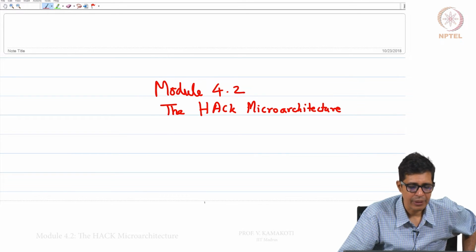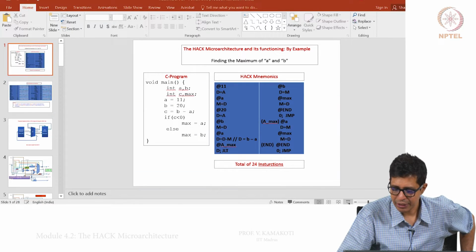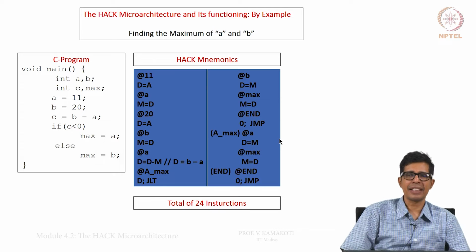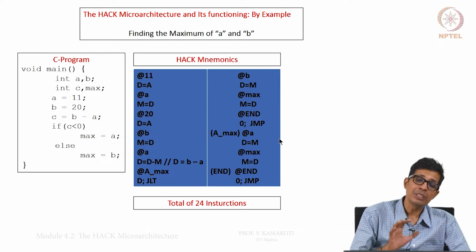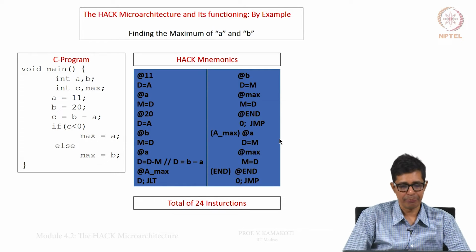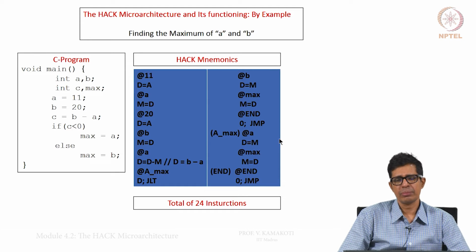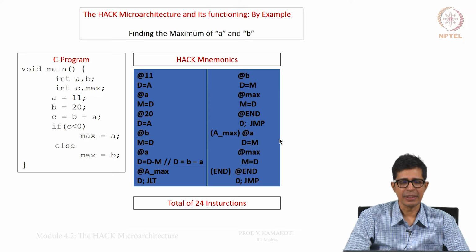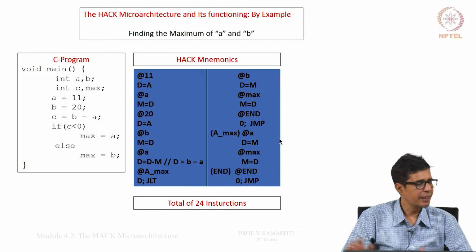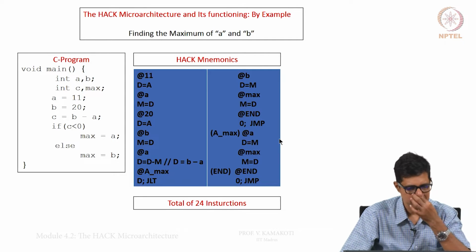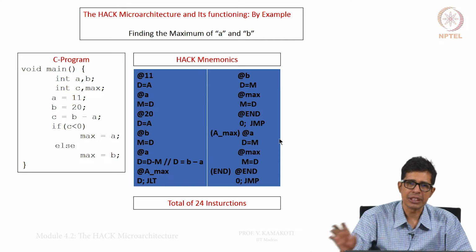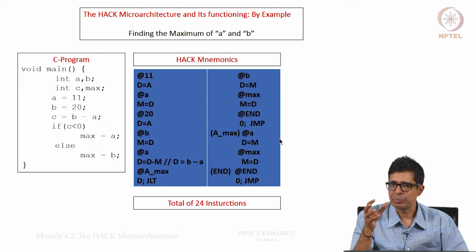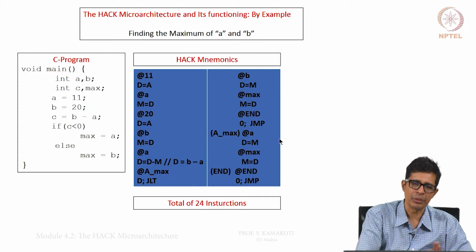I will be using a set of slides to explain. We want to understand the hack microarchitecture and its functioning, and the best way to learn this is by an example. So, we will take a C code, we will take its equivalent mnemonic code, and then we will go and do the next step of how the mnemonic is translated into machine language, which we have seen as a part of module 3.